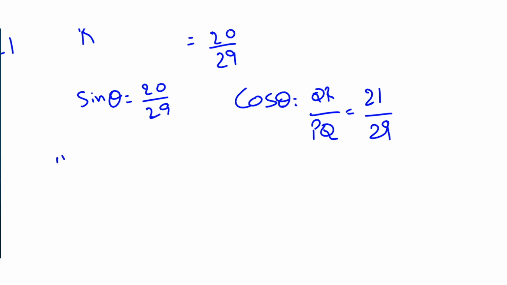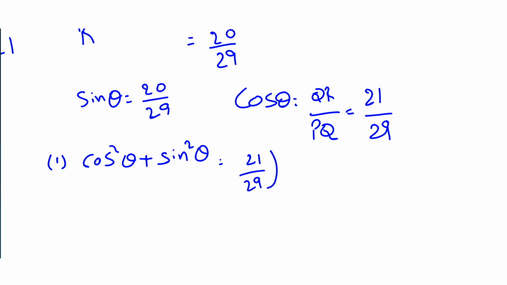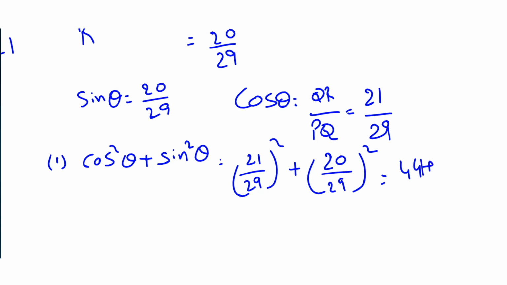Now find the value of the first one, cos square theta plus sin square theta, that equals 21 by 29 whole square plus 20 by 29 whole square, that equals 441 plus 400 by 841, that equals 841 by 841.